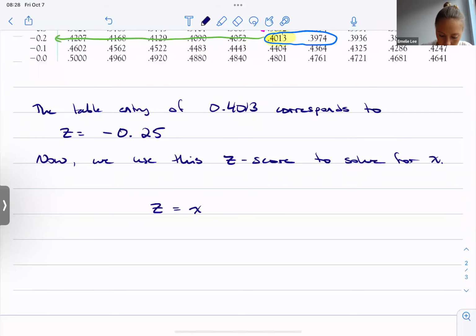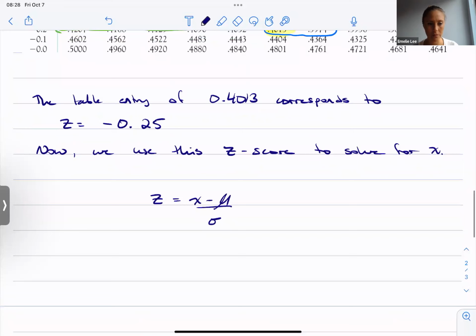So Z is X minus mu over sigma. If I have Z and I know mu and I know sigma, then I can replace those.